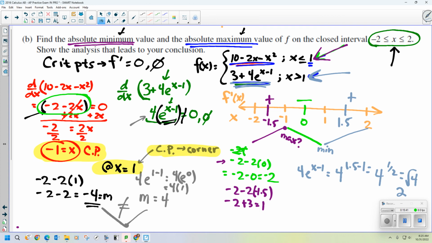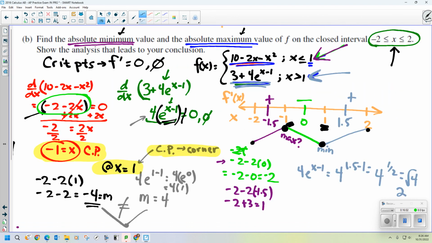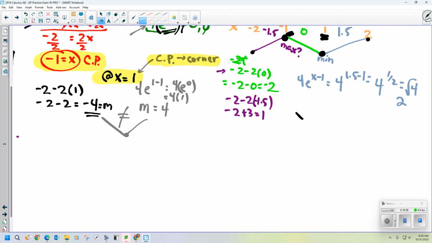So what I'm going to do, when everything's all said and done, is check an x value of -1 to figure out my y, an x value at 1, and also the endpoints at 2 and -2. We got a lot of work to do here. I need some more space. This definitely is a number 6 question. So here's my x's, here's my y's.